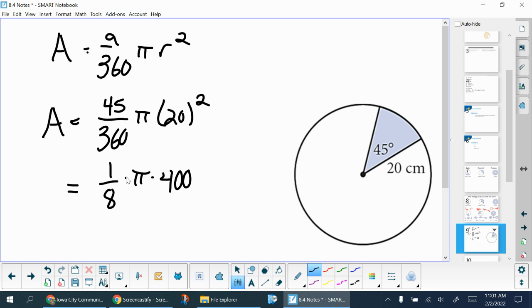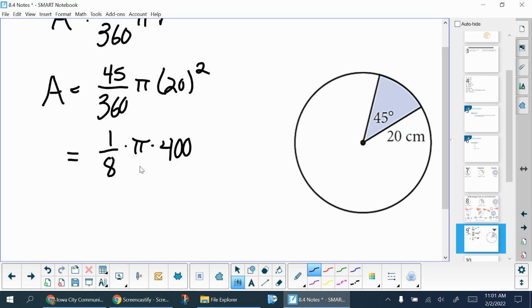We can't do much with that. 1/8 times pi times 400. And then the last step: since it's all multiplication, the order you do it in doesn't matter. So I can just take 1/8 times 400, or 400 divided by 8. That's the same as times 1/8. And say, okay, well, 400 divided by 8 is 50. I've still got my pi, and I need my units, centimeters squared. We are going to be leaving these in terms of pi, so we're going to leave that there.